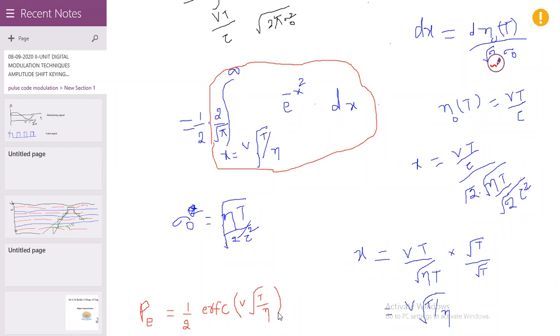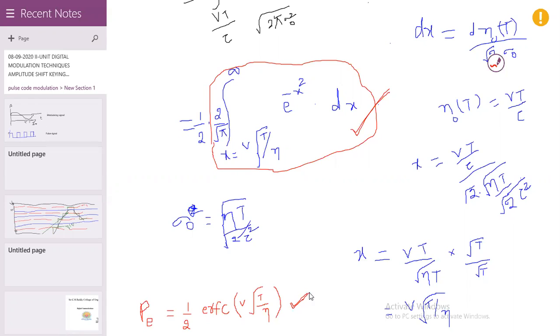This is a very important equation. Here we can remember. We have to bring every probability of error into this form. This is the standard form. From that standard form, directly this is equal to the complementary error function of whatever x is, erfc of x. What is the x value? x is equal to v into root of t by eta, directly substituted.